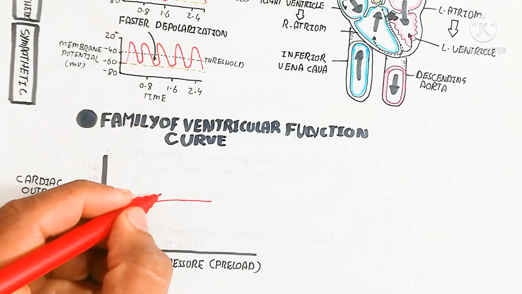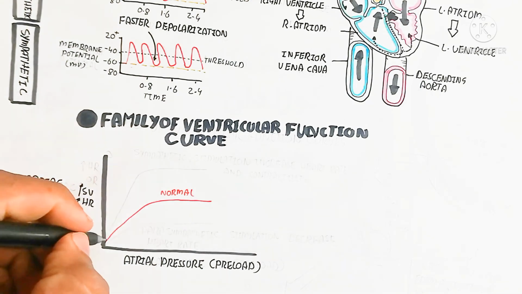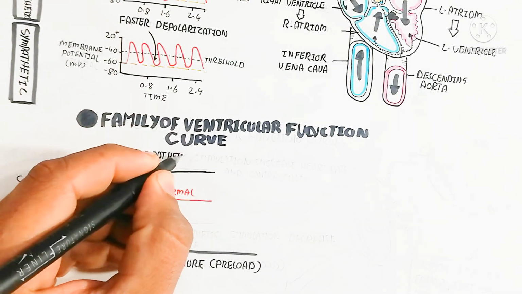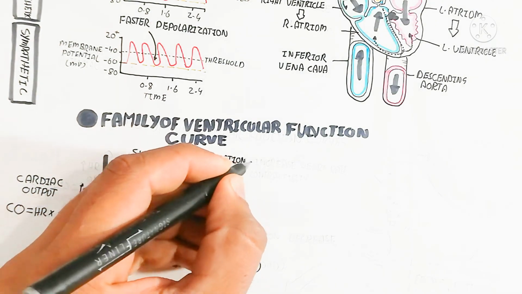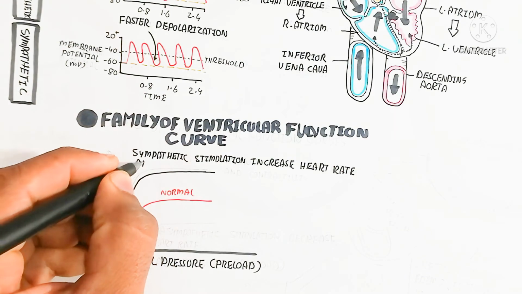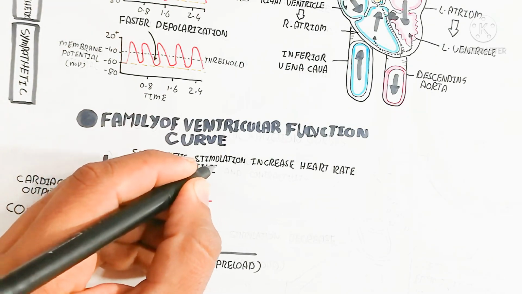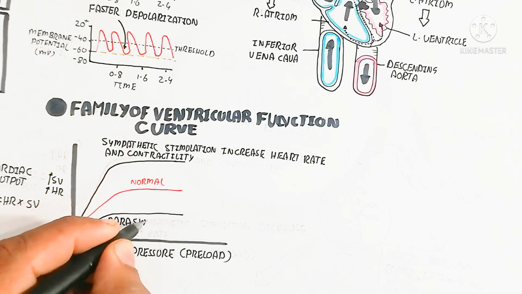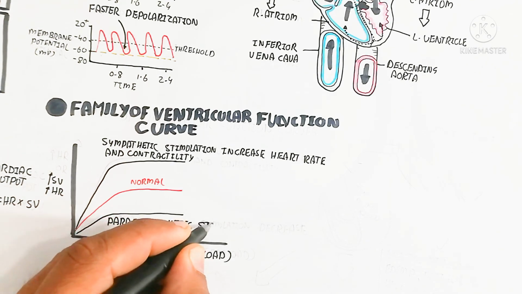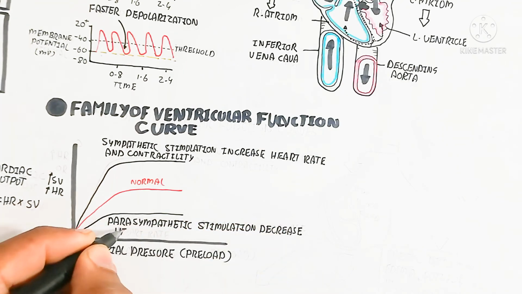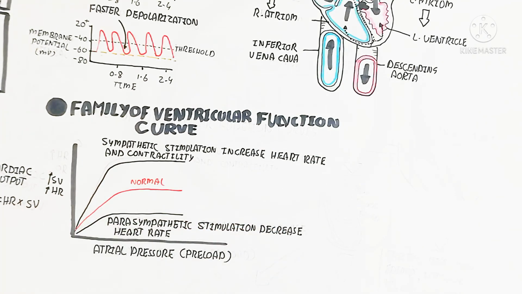Now the family of ventricular function curves. The ventricle should contract for ejection of the blood. You can see the cardiac output shown vertically: sympathetic stimulation increases heart rate and contractility, and in this way the cardiac output and the stroke volume will increase.